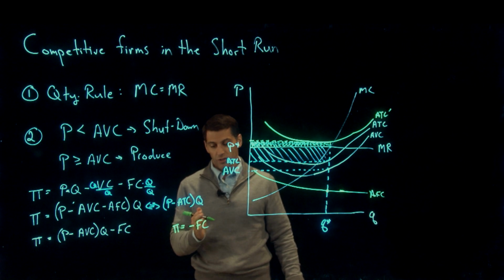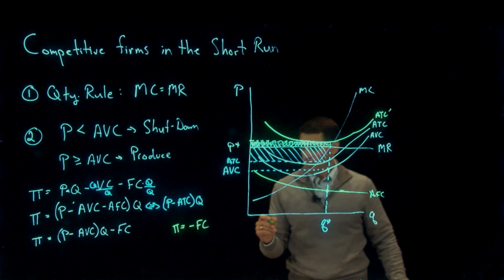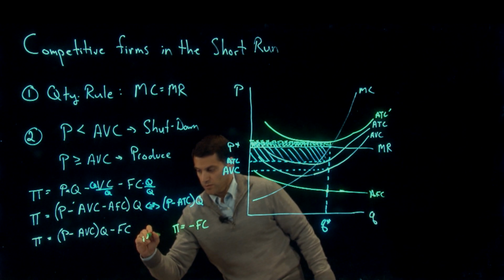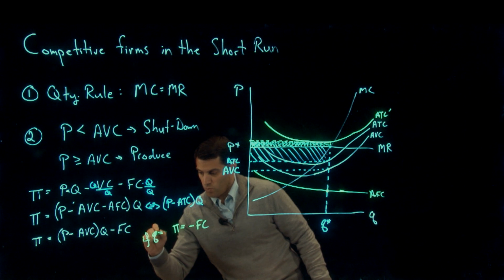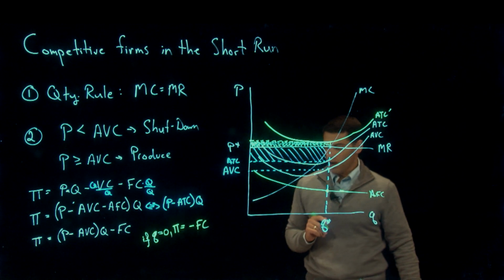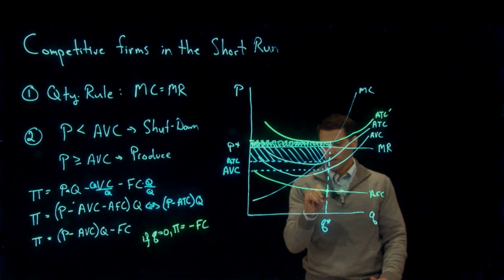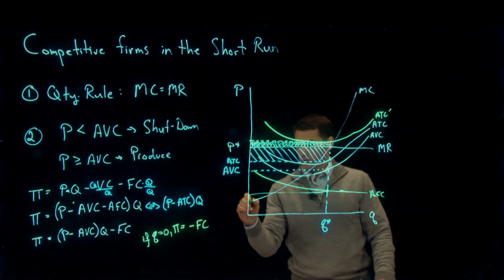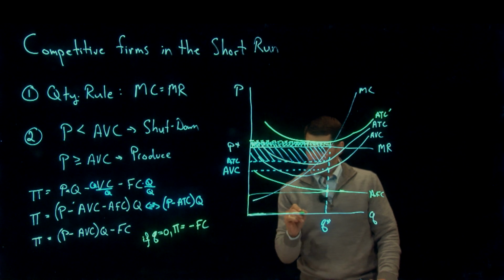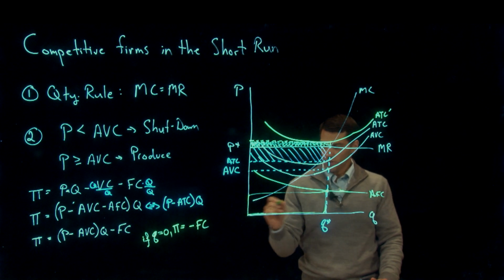If you don't produce anything, you still have to eat the fixed cost. That is, if your quantity is equal to zero, your profit is just a loss equal to your fixed cost. And in this case, that would be this whole area here.